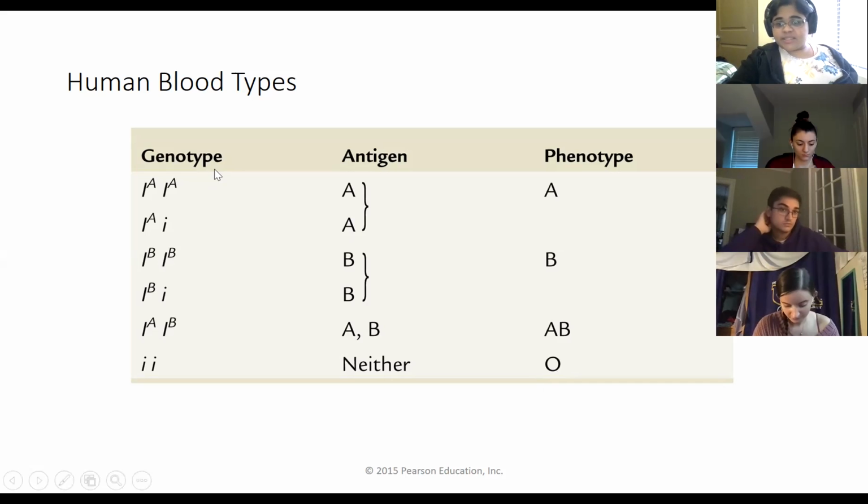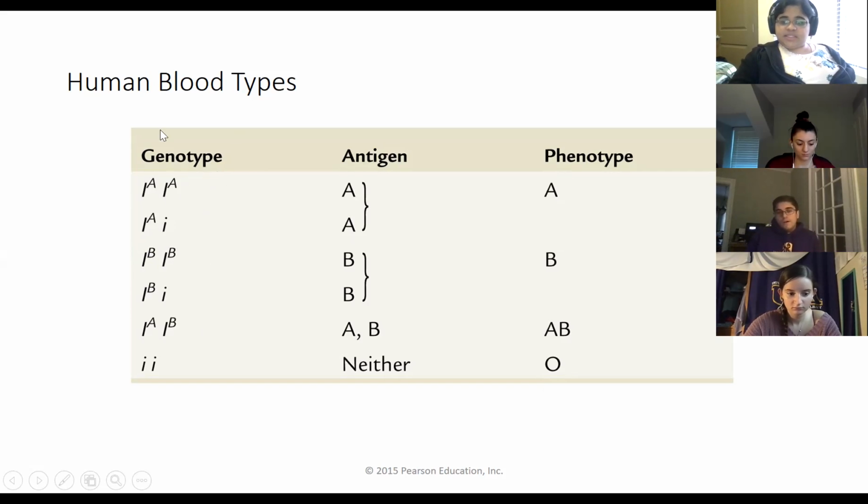So in the cases of A and B, you can have homozygous for A, or heterozygous for A and O, okay? So this is just the way you would write for blood group, okay?